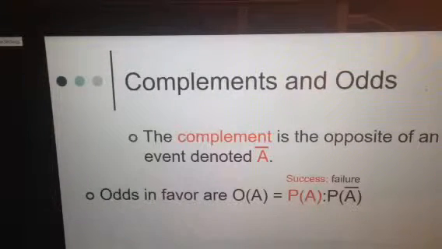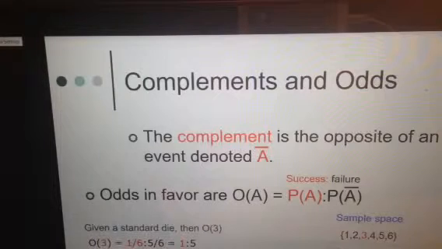Complements and odds. The complement is the opposite of an event, denoted by a bar on top of the A. And odds in favor is P of A, and odds against is P of the complement of A. So given a standard die, the probability of getting a 3 is 1 in 6.